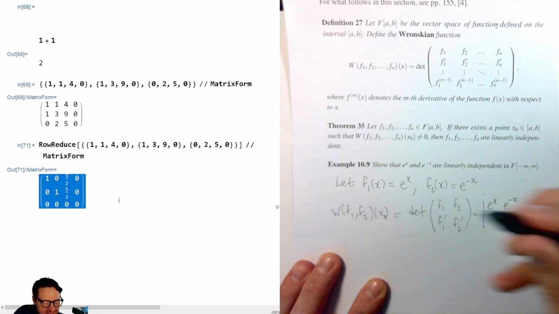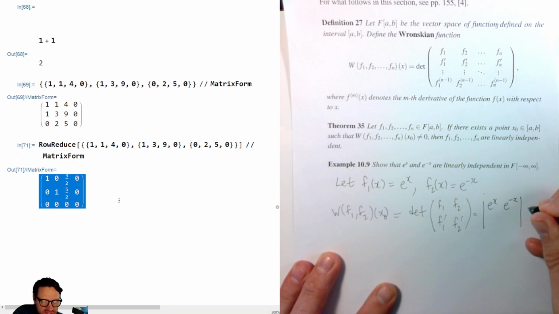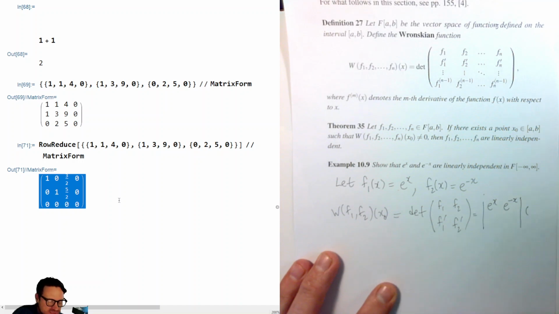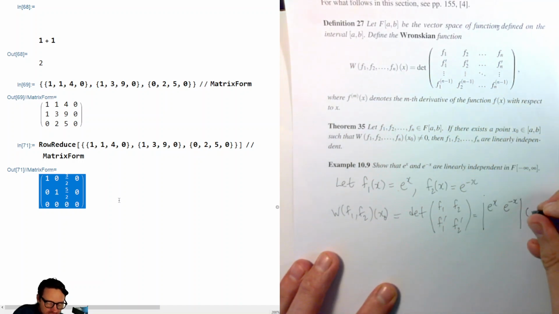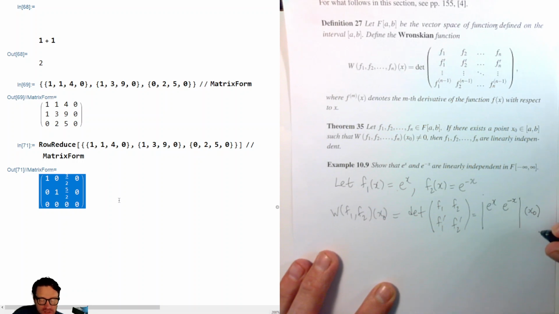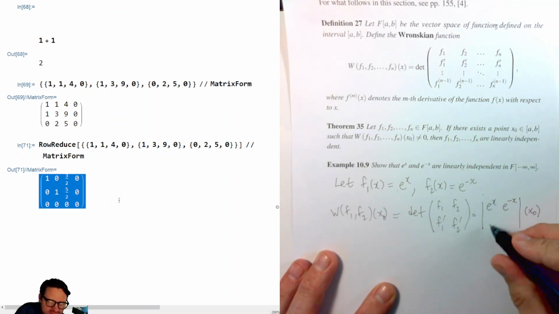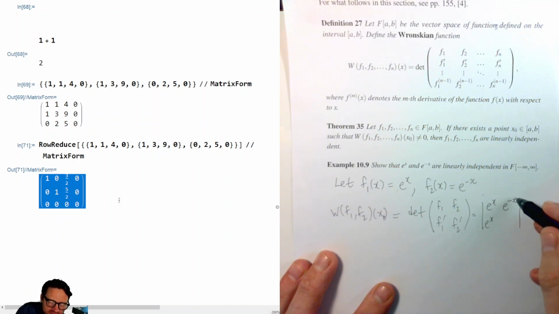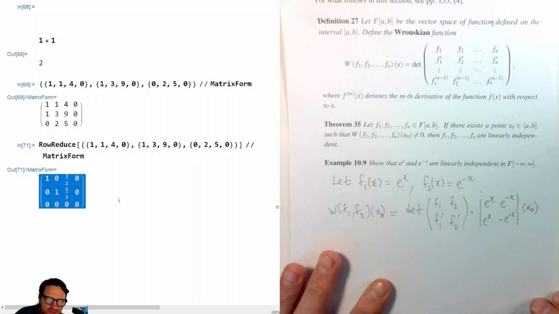Okay, so this is at x0, and so here I've got to somehow denote that I'm substituting in. I'm just going to put a round bracket x subscript 0, but you could put another vertical line and at the bottom write x equals x0 if you like. That would be another notation for that. Then the derivative of this function is e to the x, and the derivative of e to the minus x is minus e to the minus x.